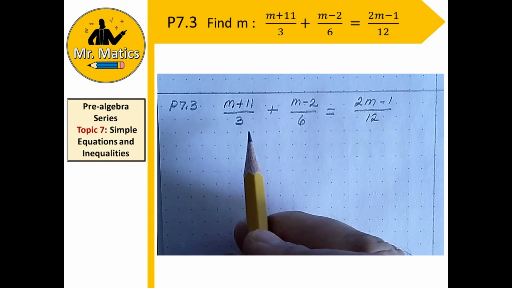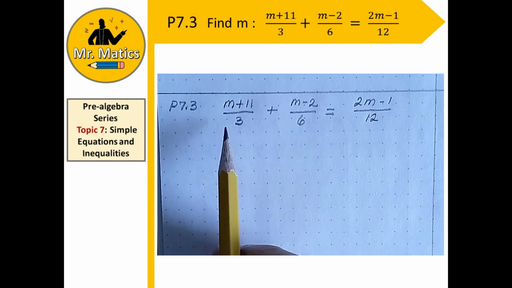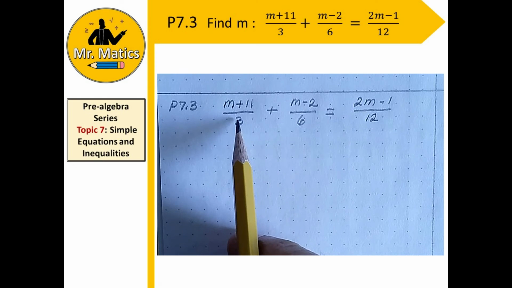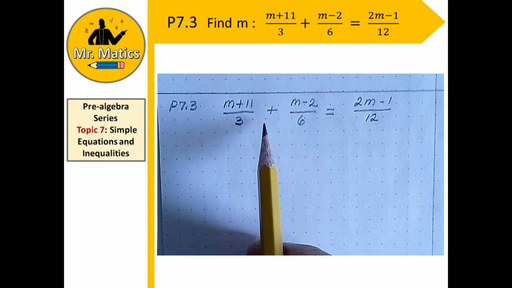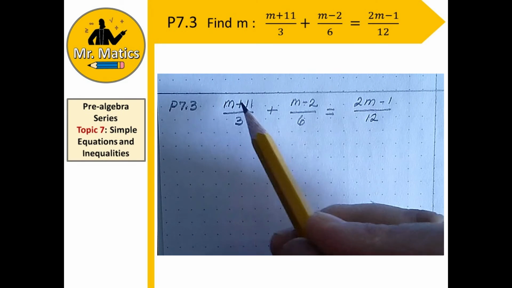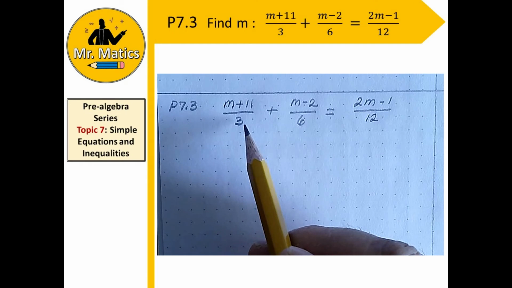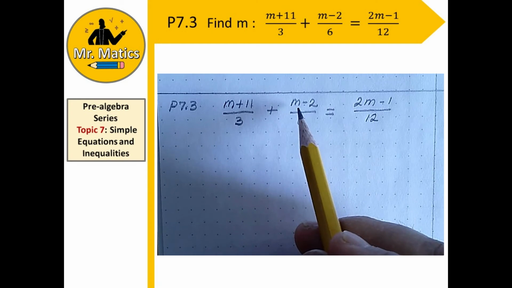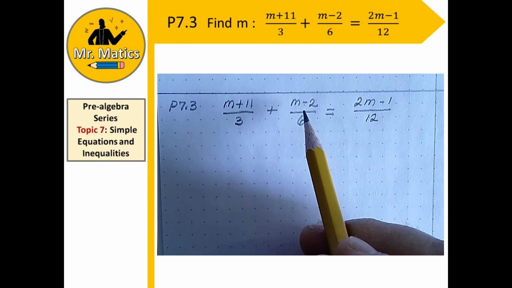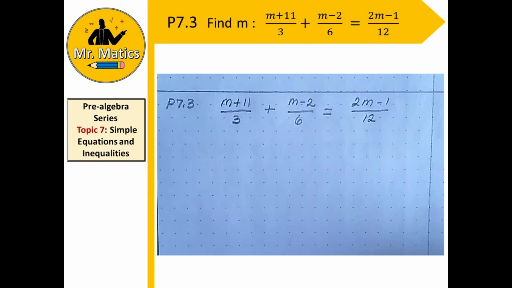Now you can do this problem in two ways. You can add these with an LCM of the denominators as 6, and then like we add fractions, we'll have to multiply this numerator by 2 to get a 6 here, and then we don't have to multiply anything here, it's already 6. So then you add them and then you proceed as you would do for fractions.